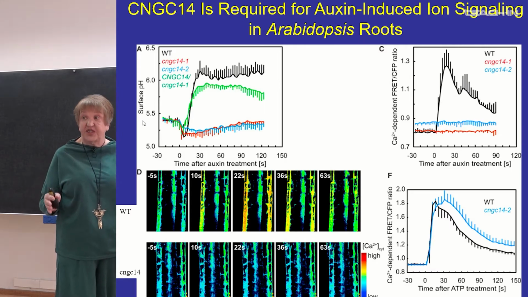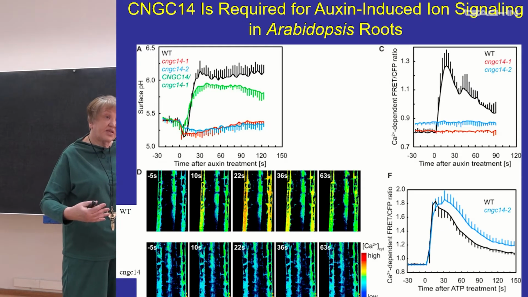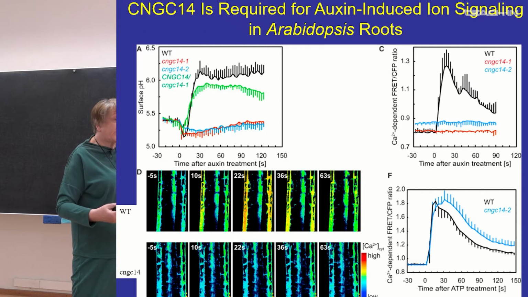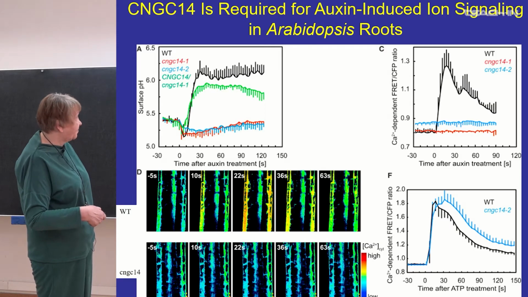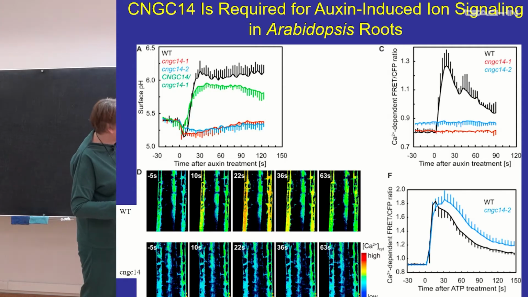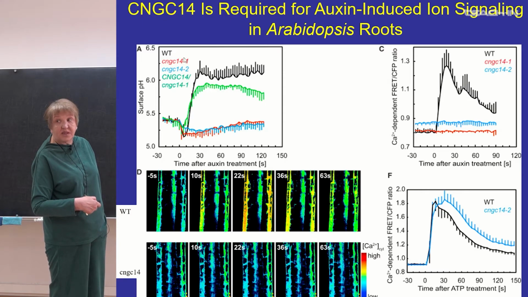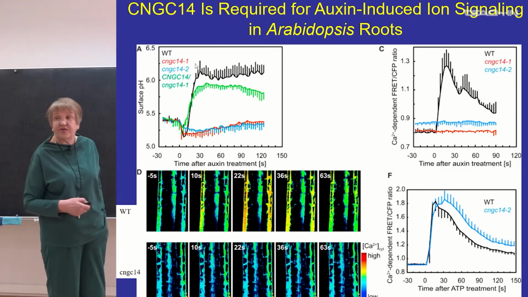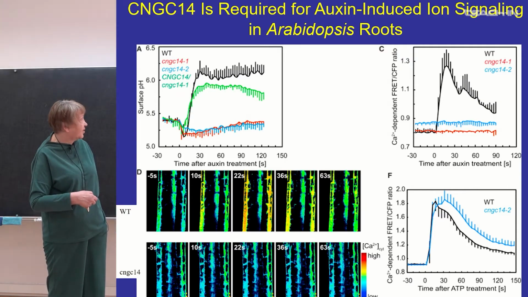Changes in surface pH are associated with increasing calcium. So when cytoplasmic calcium increases, often you have an increase in pH outside. So here are two different mutants in this particular gene. Why do you think they used two different mutants in one gene?